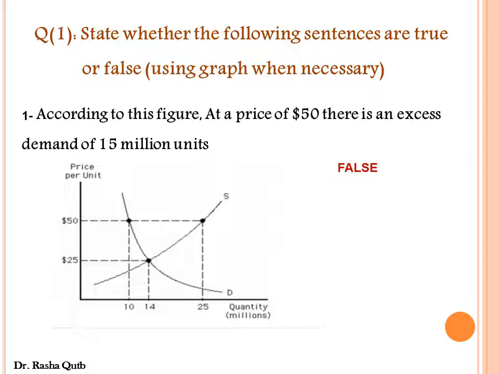In this case, we have 15 million units excess supply, not excess demand. So the correction is that, according to this figure, at a price of $50, there is an excess supply of 15 million units.